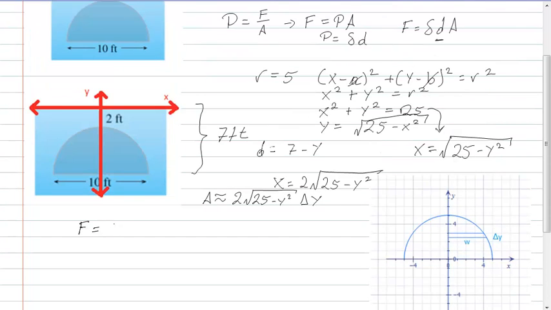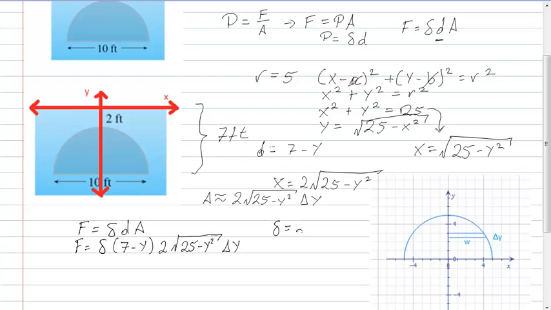Now that we have the depth and the area for the plate, we can plug them into the equation for the force, giving us force equals delta times (7 minus y) times 2 times the square root of 25 minus y squared delta y.